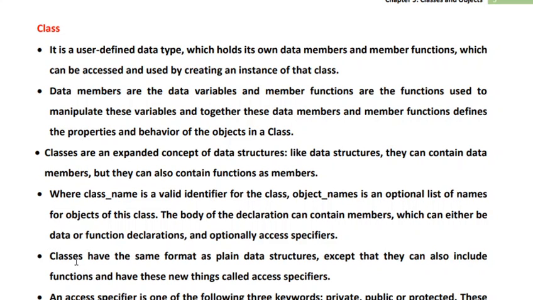A class is capable of packaging data and functions into a single unit, and we can create instances of the class in order to perform operations on the data using the functions. The data members are the variables and the member functions are the functions used to manipulate the values of the variables.